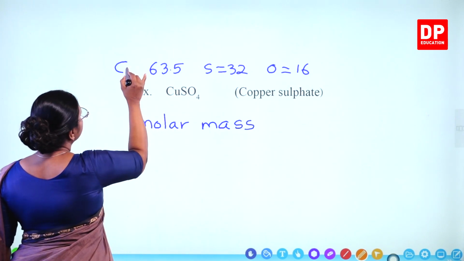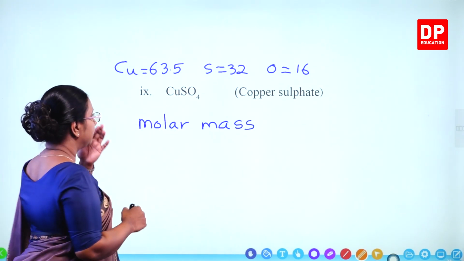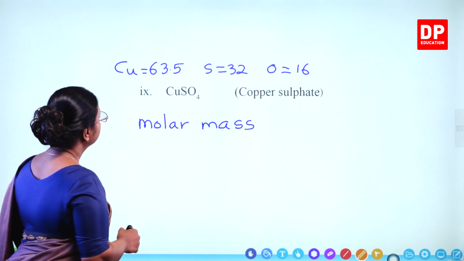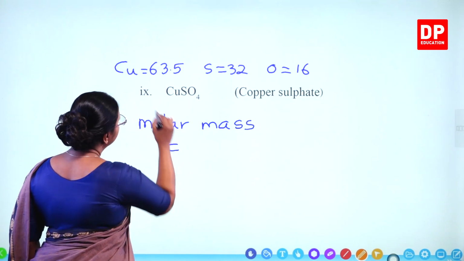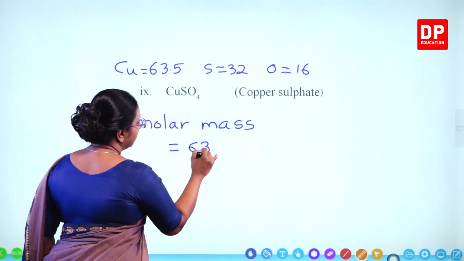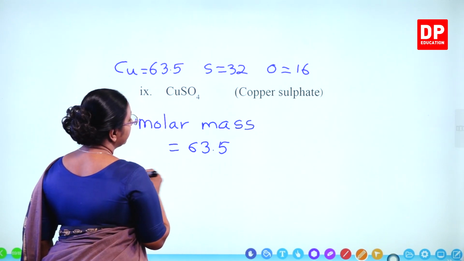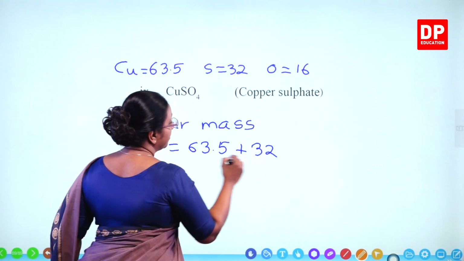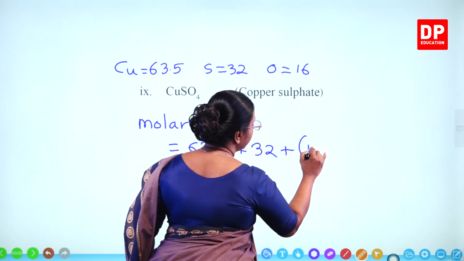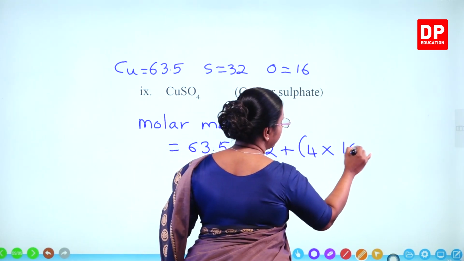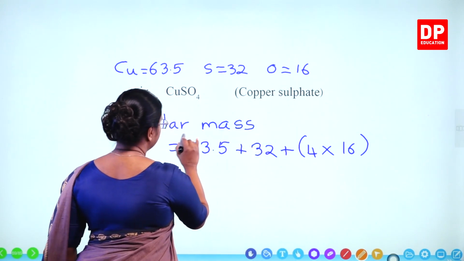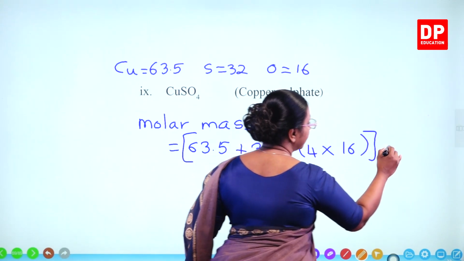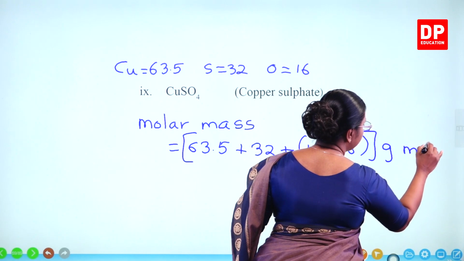Those are the relative atomic masses of these elements. So here, to calculate molar mass, we need to have 63.5 plus sulfur 32, but there are 4 oxygen atoms. So 4 into 16. All that will have the unit grams per mole.